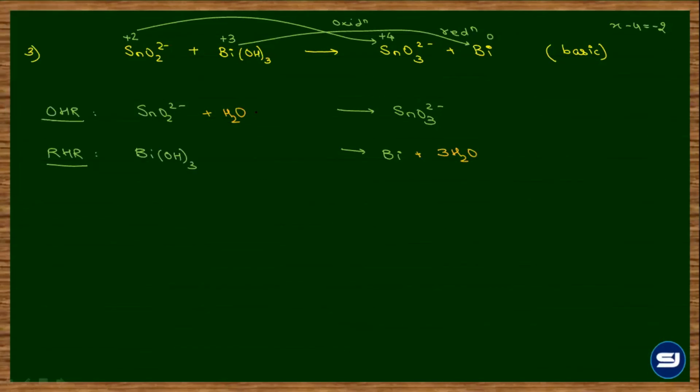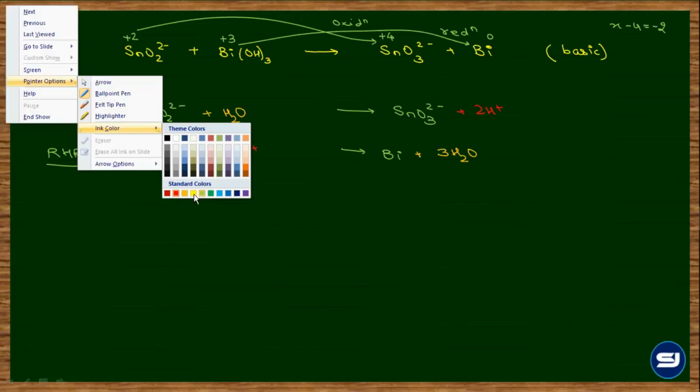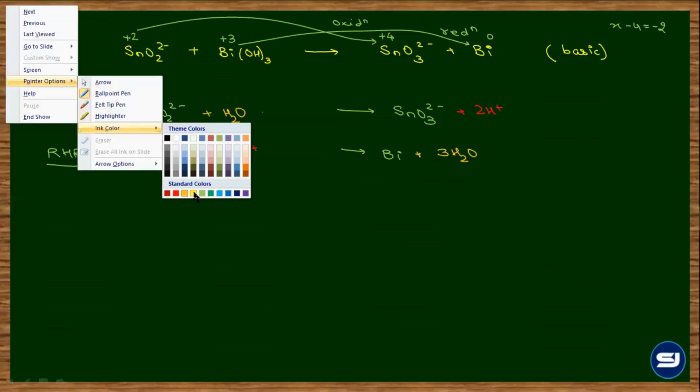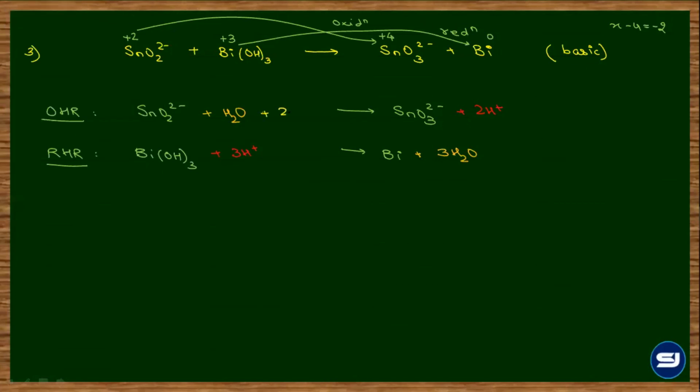Next step, H plus ke liye. So 2 hydrogen, nothing on the right, will be balanced as 2H plus. 3 on the left and 6 on the right would be balanced by adding 3H plus. Getting it? Then add the OH minus ions equal to the H plus.